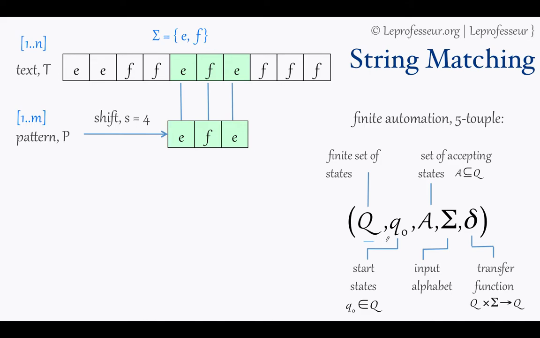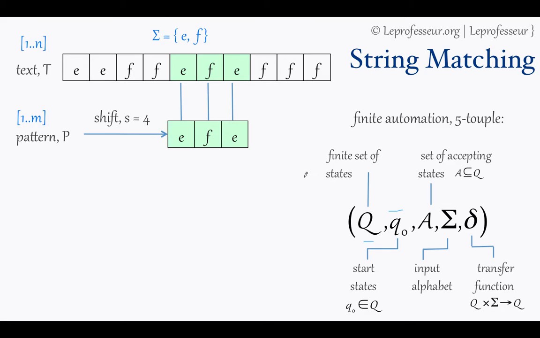It will start in some state Q0, and it will accept your input pattern or string and go to some accepting states which are represented by A, which is a subset of Q, and sigma is the input alphabet.